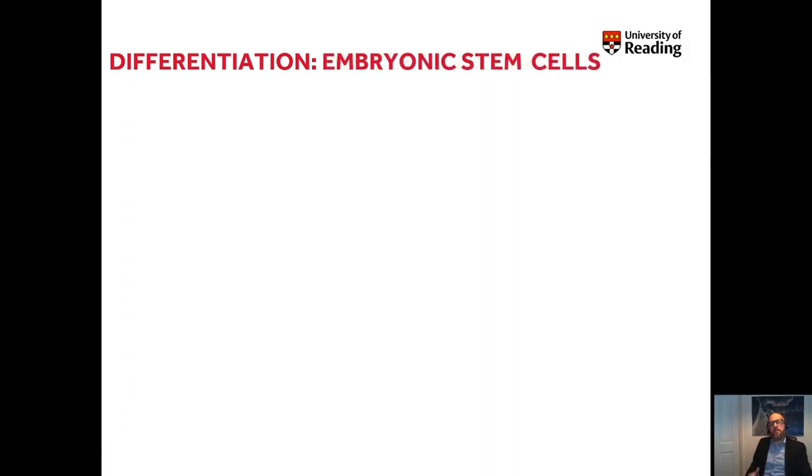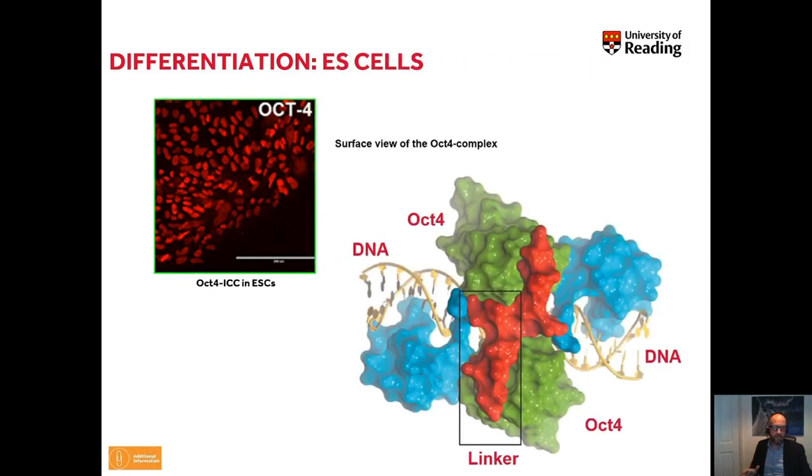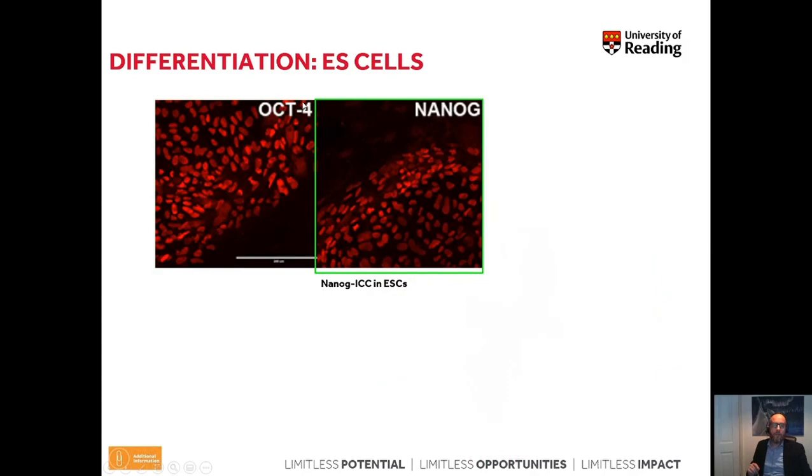In contrast to positive activation of differentiation specific genes, differentiation can also be regulated in a negative manner, and this is the case in embryonic stem cells. Embryonic stem cells are kept in an undifferentiated state by expression of certain transcription factors, including the most important ones called OCT4 and NANOG.